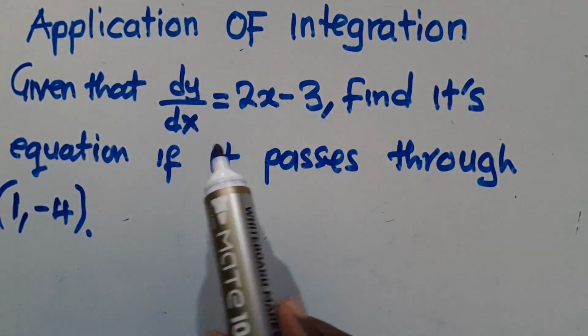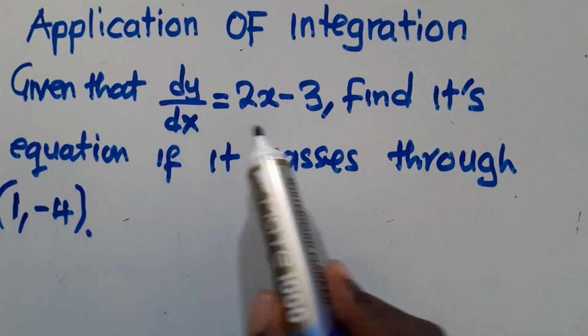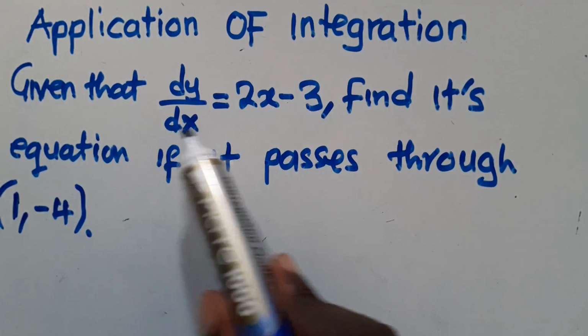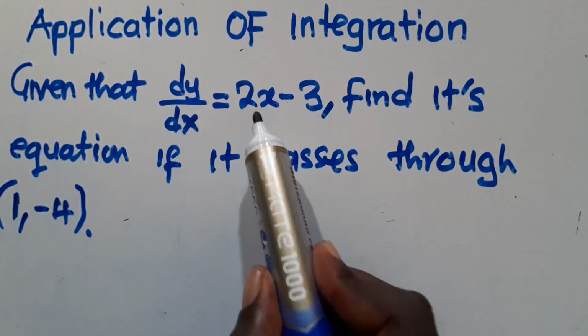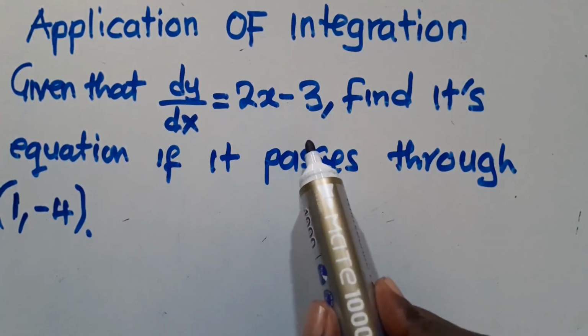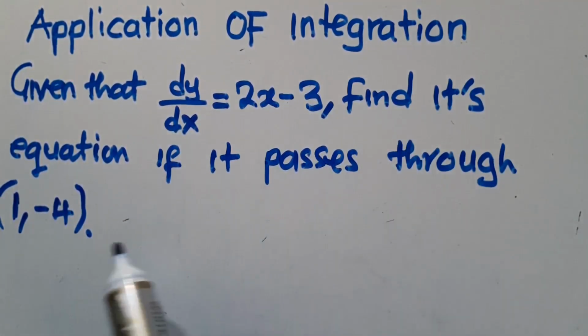They will just tell you that given the gradient function, this is just one and the same. If you just say the gradient function is 2x minus 3, what they are trying to say is that dy/dx is equal to 2x minus 3. So the question is saying find its equation if it passes through (1, -4).